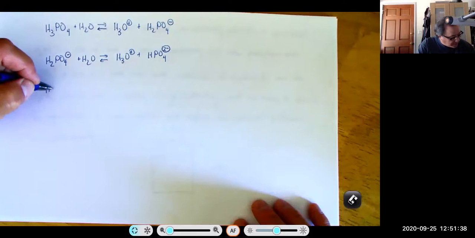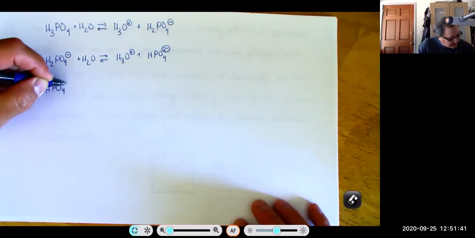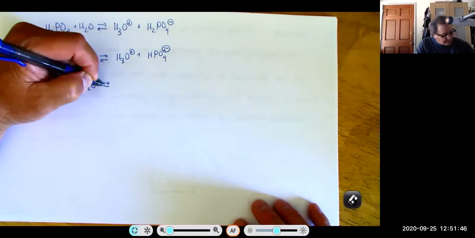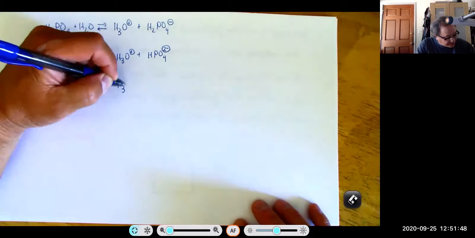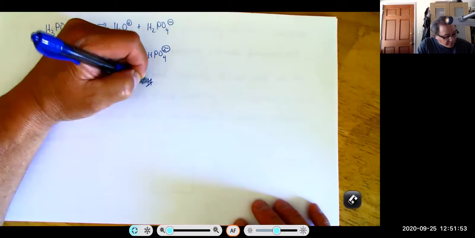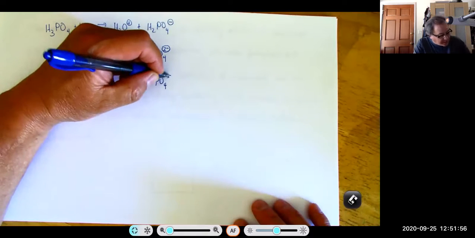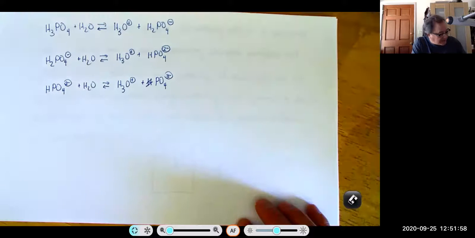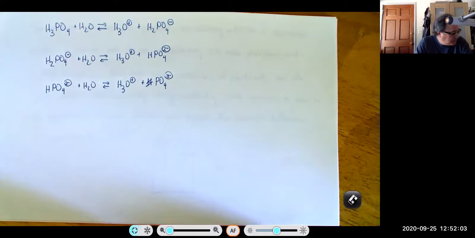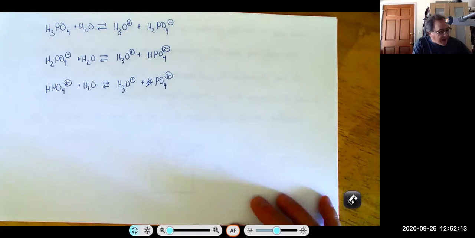You put it in water, and it forms H3O plus and PO4 3 minus. No hydrogen because it's gone. This hydrogen has been donated to that H2O. Okay, so these are the 3 reactions.